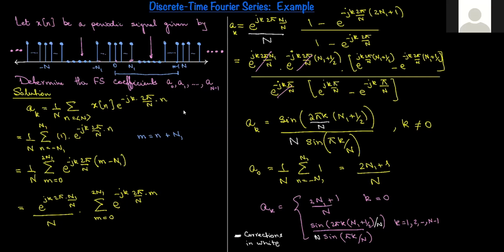Yes, sir. Right. So this is 1 here, and then I just make a change of variables. m equals small n plus n1. यहाँ पे आया. I just take this out, finite sum formula, and I get here. Now, honestly, if you were doing a problem of some sort and you're just left with this expression, you just give me this expression, I would accept it as a correct expression.